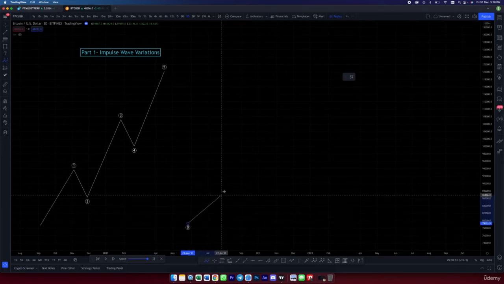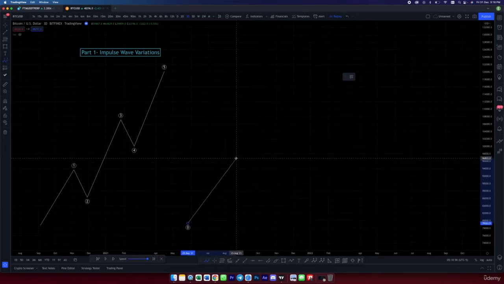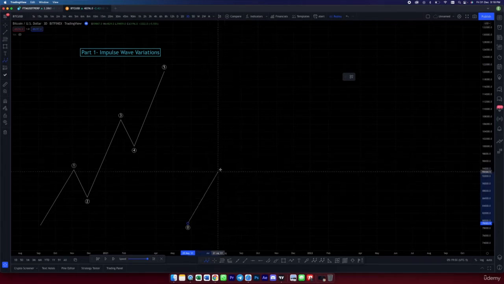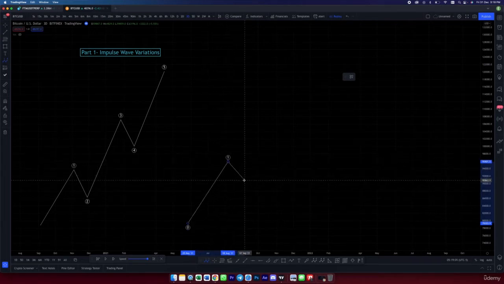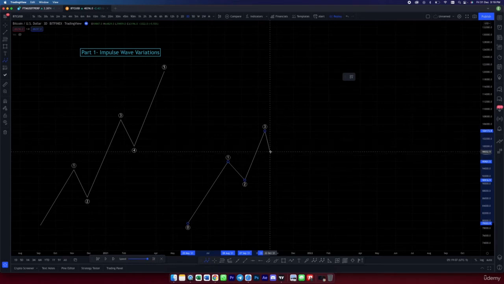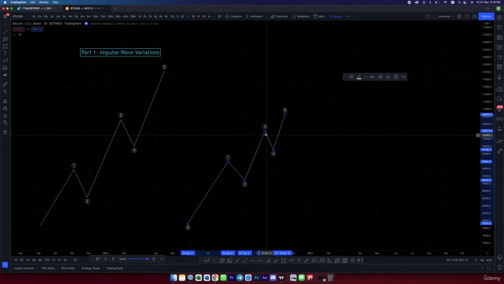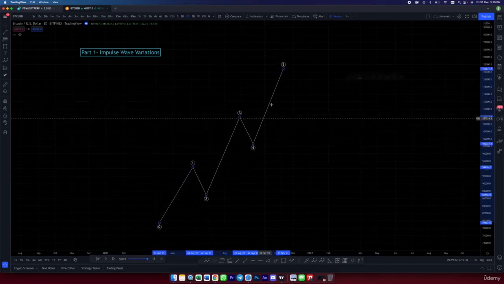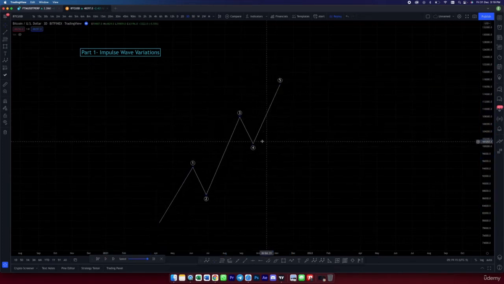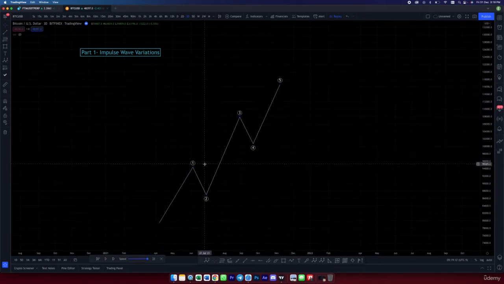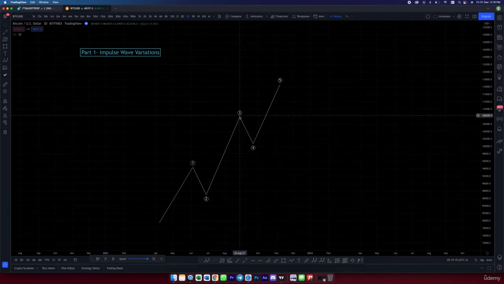There is a variation that we call leading first wave diagonal. Leading first wave diagonal is when the first wave is impulsive. Remember we discussed Elliott wave and said the third wave is the longest of all waves. That is the normal form.